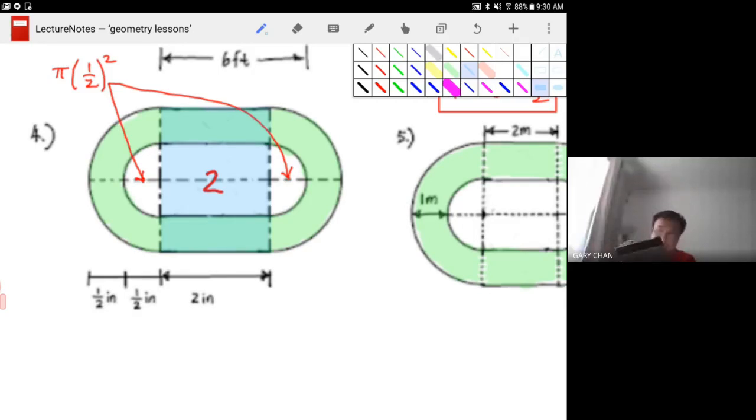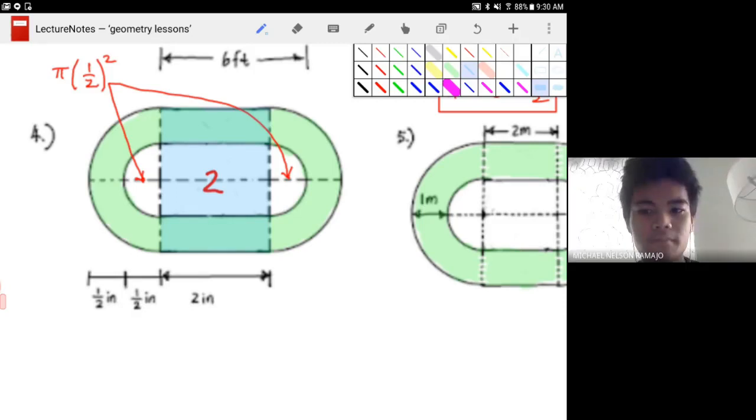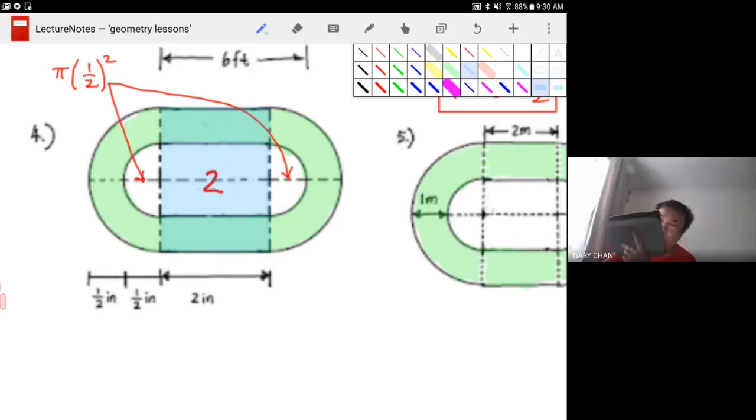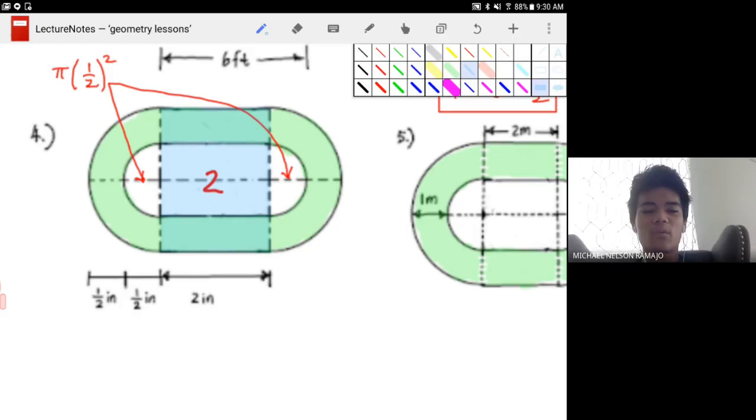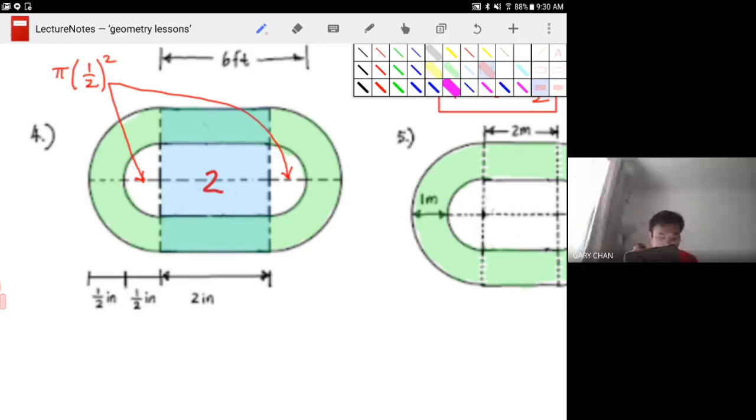I want to find the area of the rectangle. So, Michael, what's the width of the blue rectangle? 2 inches. And what do you think is going to be the height of that blue rectangle? Would it also be 2? That's right.